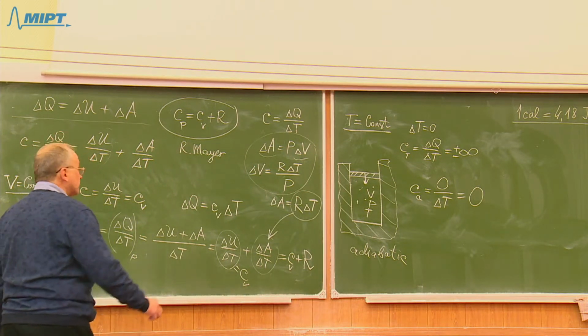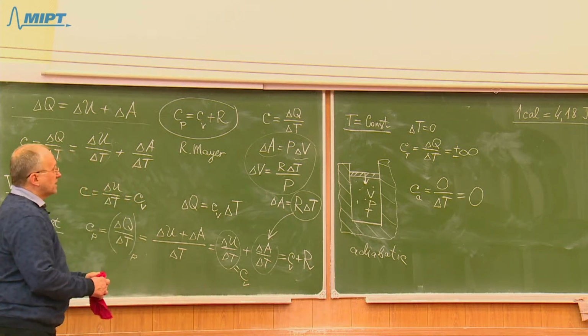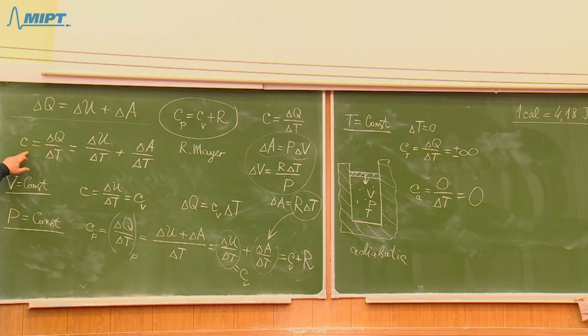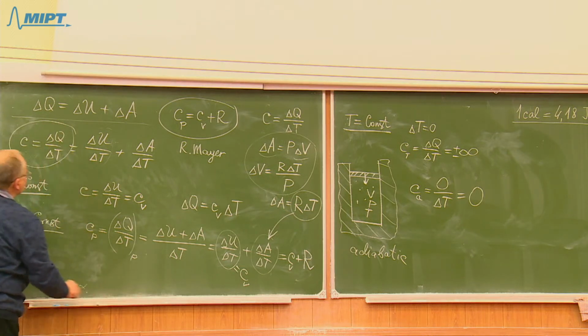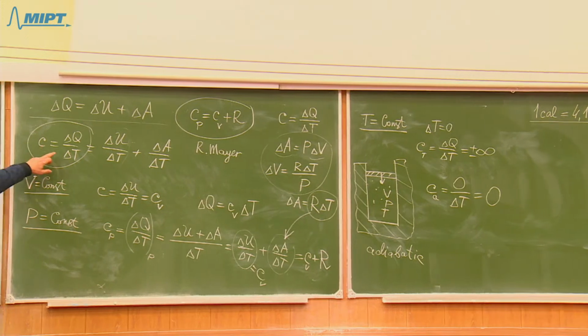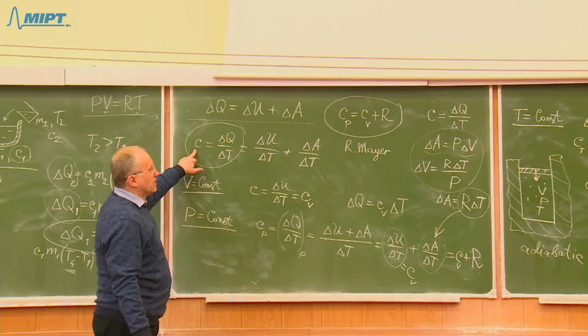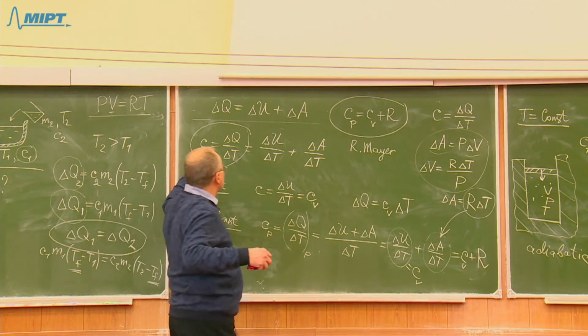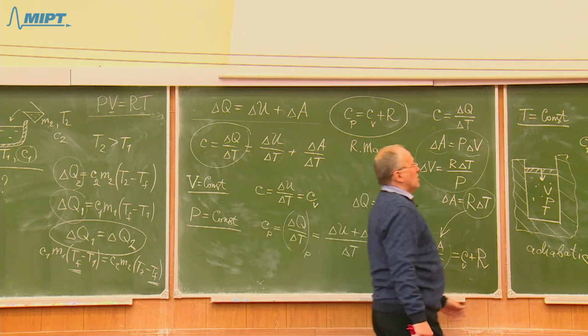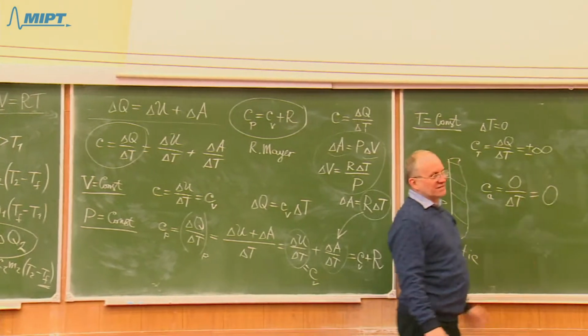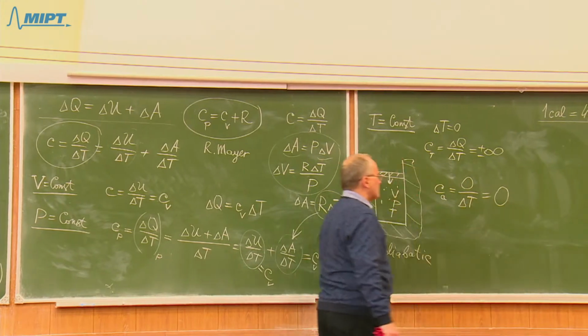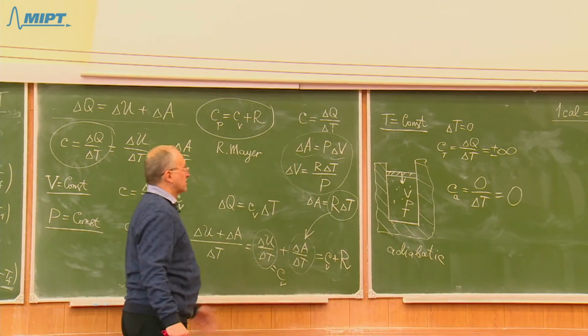So discussing the heat capacity, we discover that this quantity defined by this equation, the specific heat capacity, can take practically any value between plus and minus infinity. It may be 0 in some processes, like in an adiabatic process.